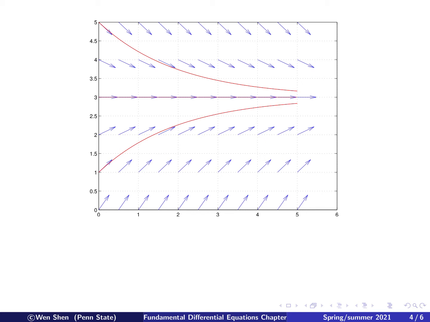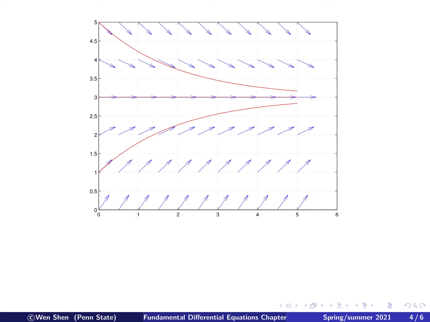Okay, and then for the smaller value of y equals 1, that will give us also positive slope, and then y prime will be bigger, and therefore it will be steeper. So along this horizontal line we all have the same slope, but steeper going up. Okay, so let's take one more line, y equals 0. Again, the slopes will all point upwards, and the slope will be even steeper than the previous bunch.